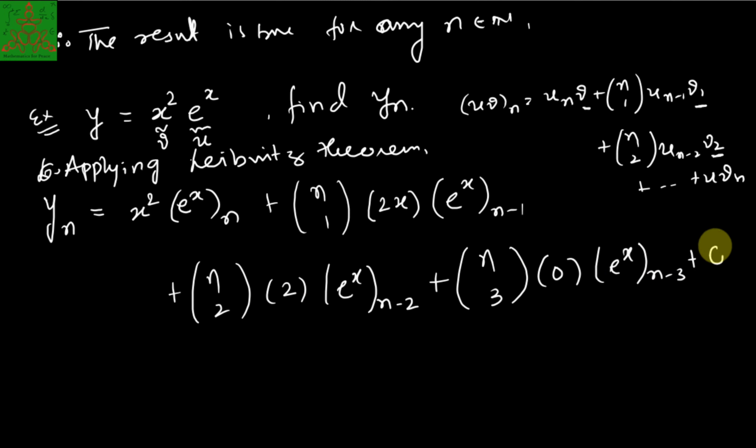But the further terms are also 0 because the derivative of 0 is again 0. So there is no need to write down the further terms, only the 3 terms will come up here.